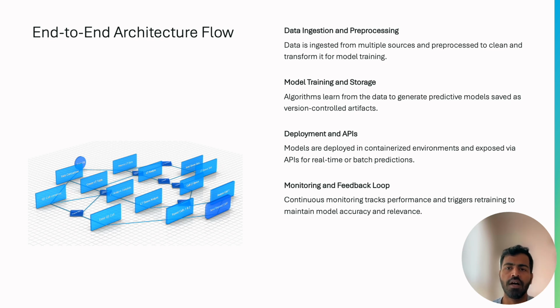These models are then serialized into artifacts and stored in a version control repository. The next stage involves deploying the model into a serving layer, typically using containerized environments for scalability. APIs expose the model to applications, enabling real-time or batch predictions. Continuous monitoring systems track performance metrics and detect anomalies.